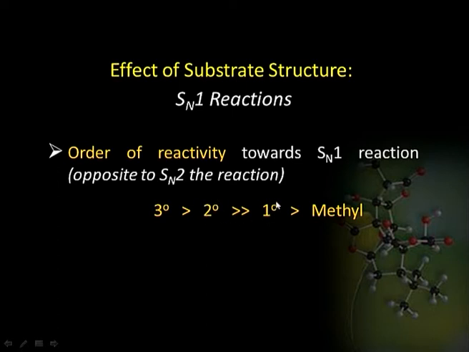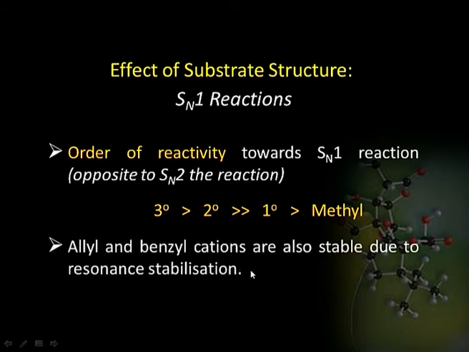The secondary is more reactive than a primary. The methyl halide is the least reactive. The allyl and benzyl cations are also stable due to resonance stabilization.